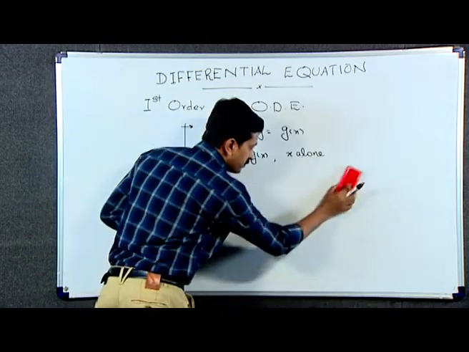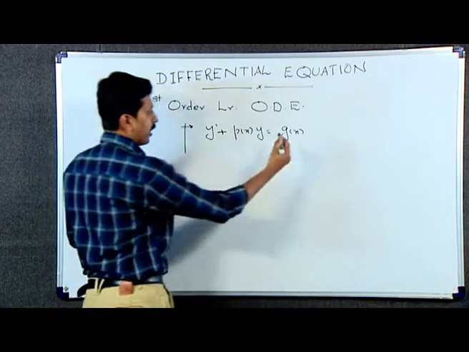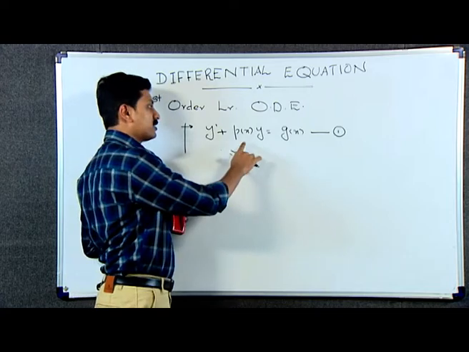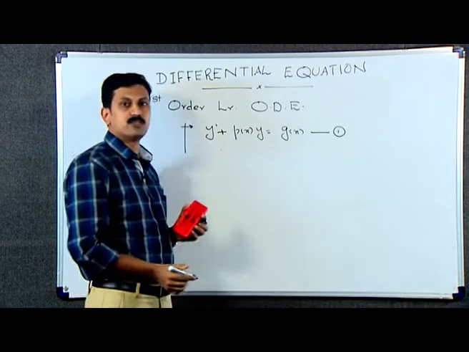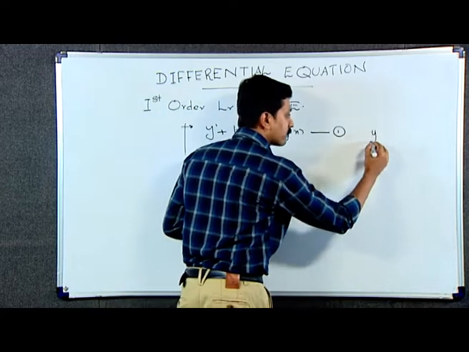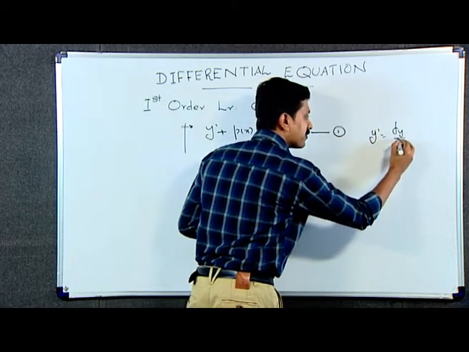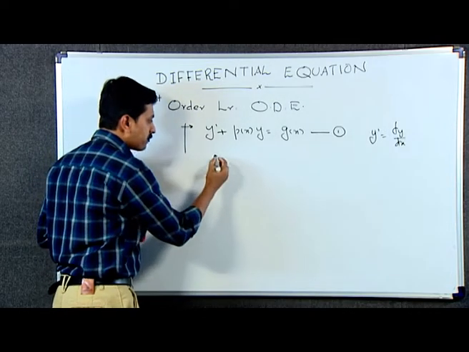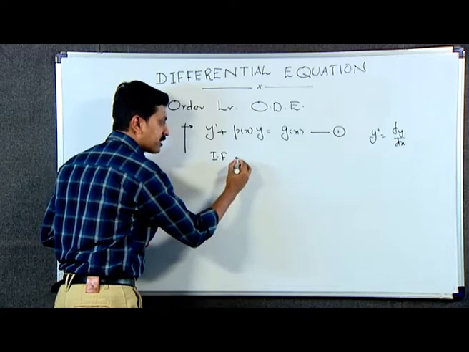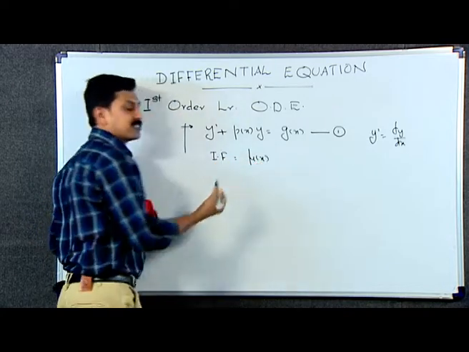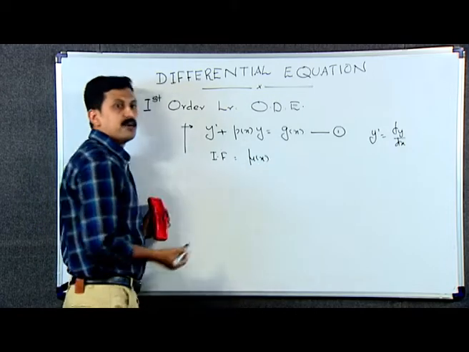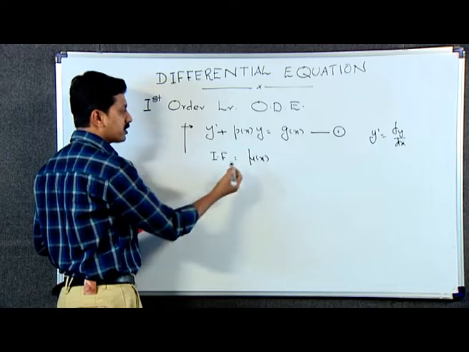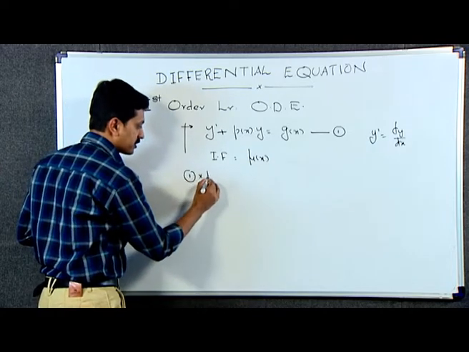Generally we have, I am denoting this as equation number 1, y dash plus p of x into y is equal to g of x, where y dash stands for dy by dx. We have to find the integrating factor as a function of x. I am denoting that as mu of x, and I would like to multiply equation 1 with mu of x.